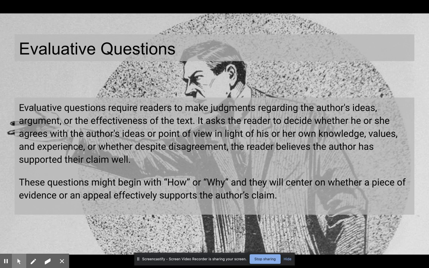Or whether, despite agreement, you believe the author has supported their claim well. These questions might begin with how or why, and they will center on whether a piece of evidence or an appeal effectively supports the author's claim. And so we're thinking a little bit more universally here. You're asking a question that questions whether or not a specific piece of evidence is effective.